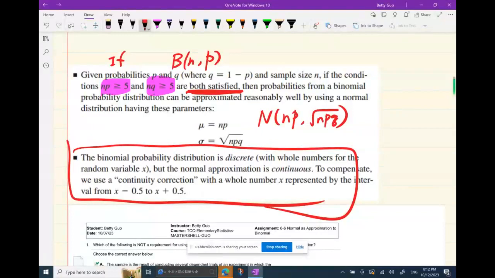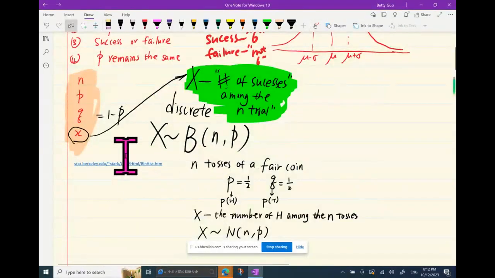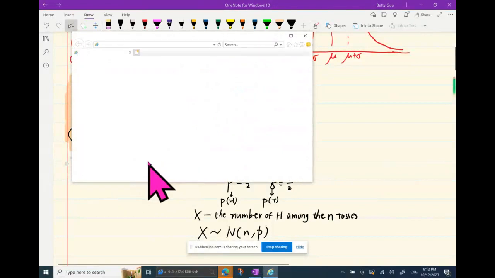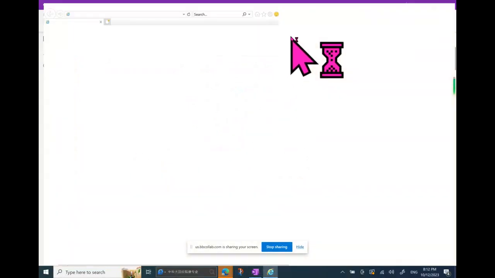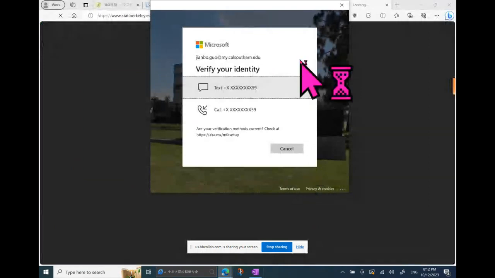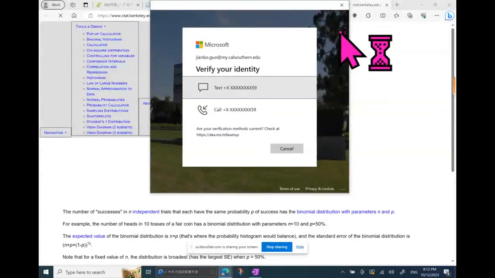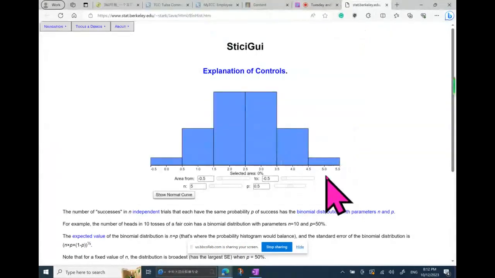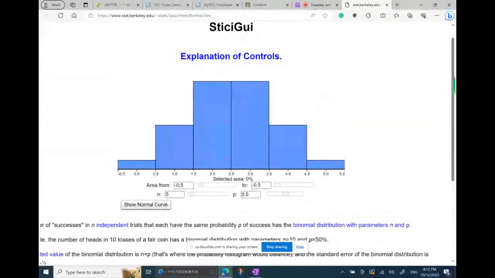Okay, so I have a website that I want to show you. It's right here. All right, so let's see, how could normal distribution approximate binomial distribution?